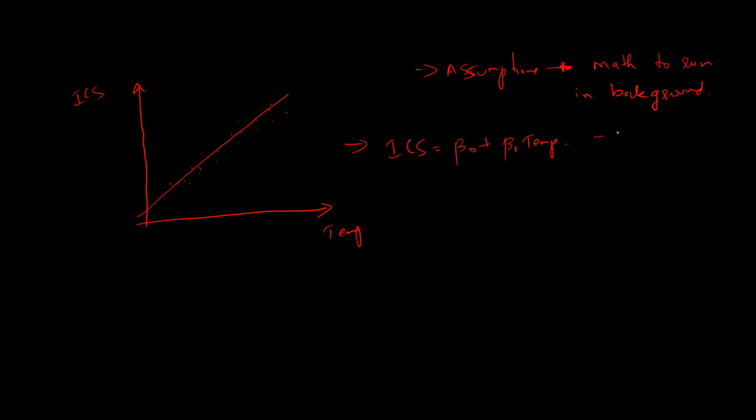Now this is our model for future prediction, correct? Now let's say that the temperature equals 32 degrees, and we have the prediction of ice cream sales equal to 50.